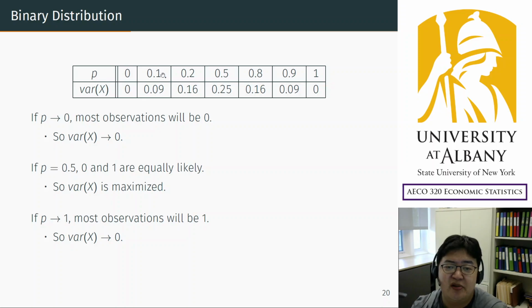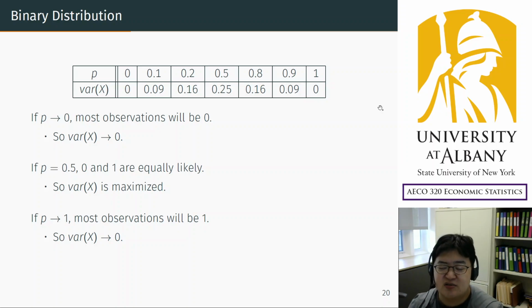But if the probability of success increases to 10%, 20%, and then 50%, the variance also increases in this order. And then after 50%, it decreases again, but it's symmetric. So when the probability of success is 100%, the variance is 0 again.